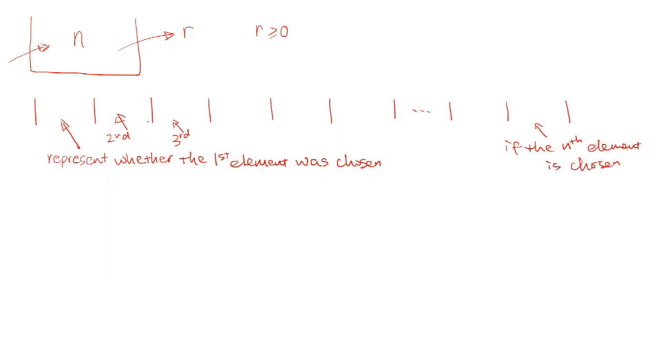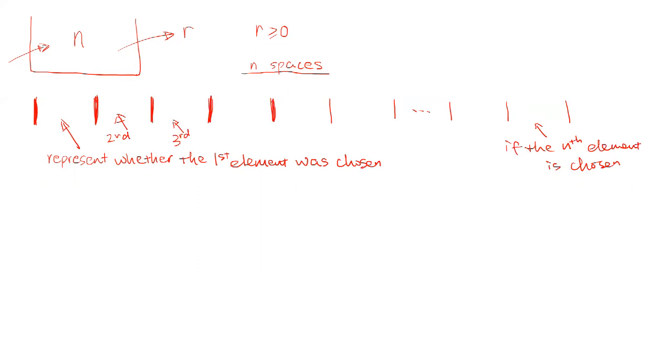So you can imagine how many spaces are here. There would be n spaces, right? Because we'll use these n spaces to represent whether each element was chosen when you choose r from the n, right? So how many sticks, how many walls are here?